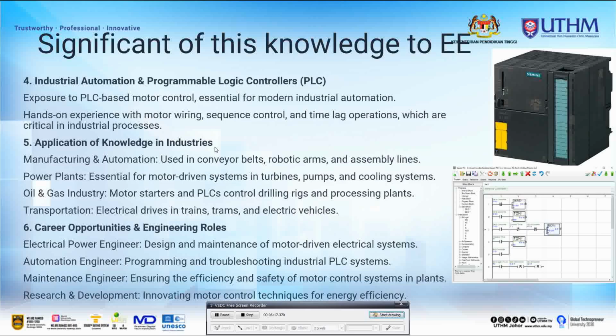From this lab, it will help you to understand how the industrial system works. In manufacturing and automation, they use conveyor belts, robotic arms, assembly lines, etc. So in this lab, you're going to learn how to set up the system, how to construct the system that is usually used in industry.